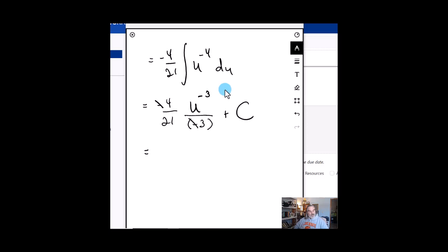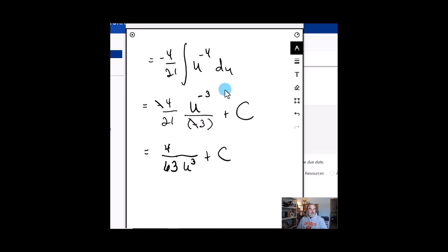So how about we get 4 over 3 times 21. I mean, I can keep writing it as 3 times 21, or I can just make it 63. Maybe put that u cubed back underneath. Okay, and then we have to revert to the original variable, which is different than just trading u back for x.